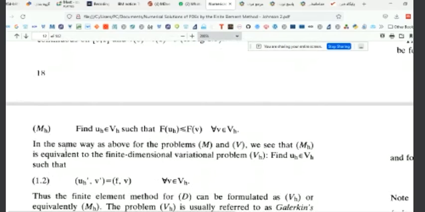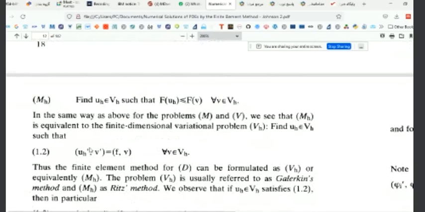We can also, in the same way, for M and V, see that Mh is equivalent to the finite dimensional variational problem Vh. We can find uh in Vh such that (uh', v') equals f(v) for all v in this equation.